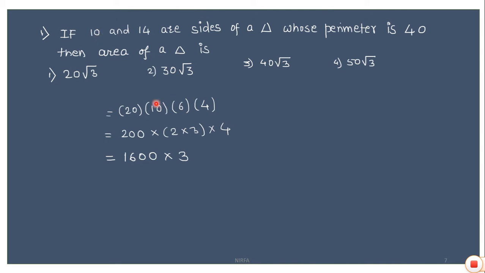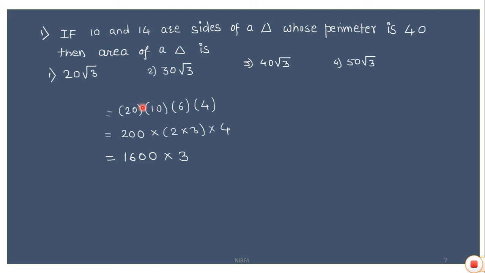So 20 minus 10 is 10, 20 minus 14 is 6, 20 minus the third side, which was 16, so 20 minus 16 is 4. Now just take the multiplication and try to keep this 3 in this multiplication as it is, because our answer is in terms of root 3. So I got this multiplication.